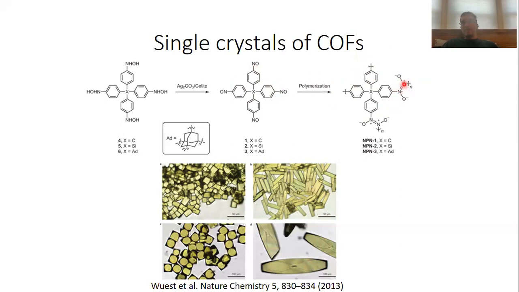For that reason, you can achieve crystallization fairly easily, and you can even grow large single crystals. And you see them here under the light microscope. And these crystals are then large enough so that you can analyze your covalent organic framework using a single crystal X-ray analysis.